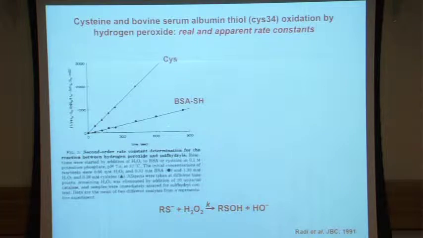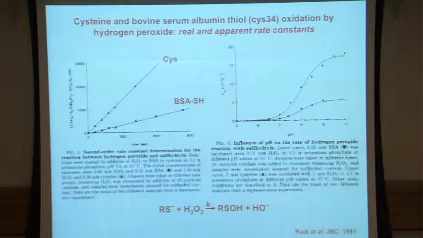If you're looking at cysteine oxidation by hydrogen peroxide, you see this type of behavior over time, and this is the reaction. The cysteine thiolate reacts with hydrogen peroxide to form an intermediate, which is the sulfenic acid, plus water. And there is a pH dependency.